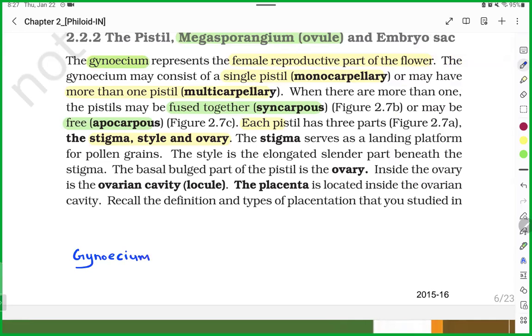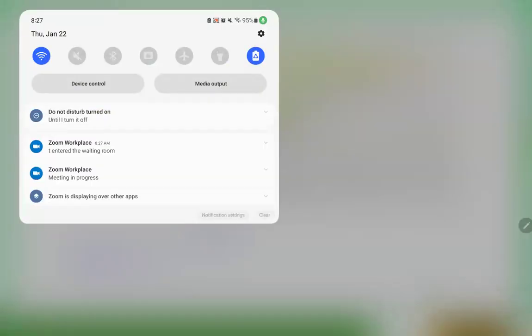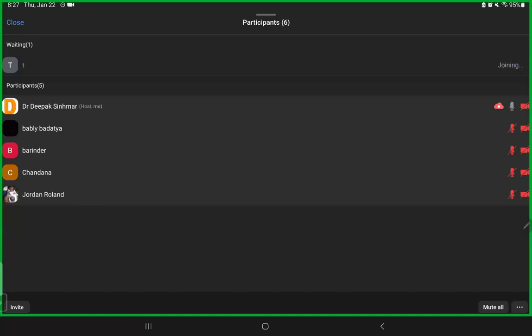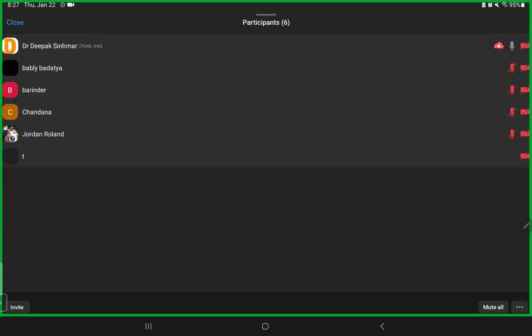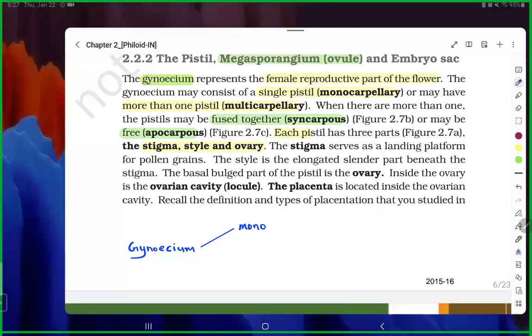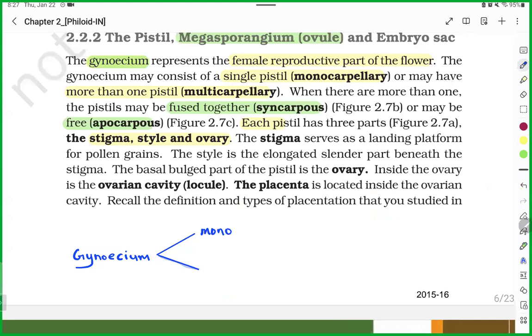Gynoecium might have a monocarpellary condition and a multicarpellary condition.